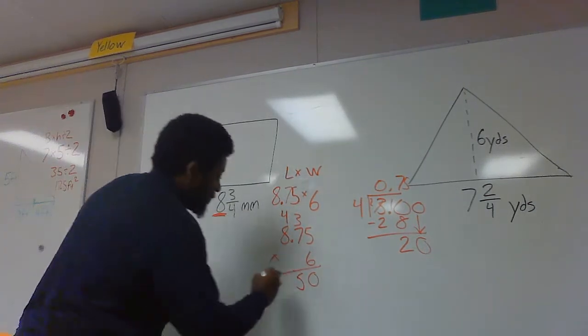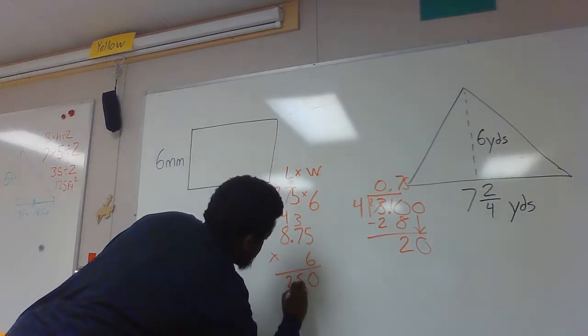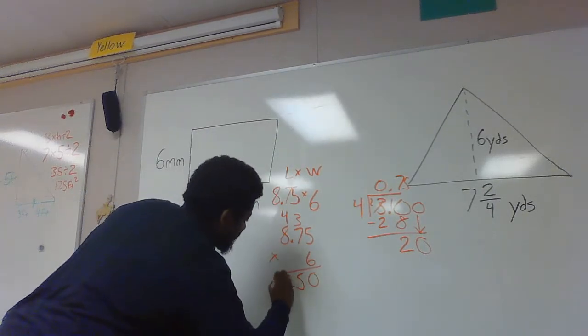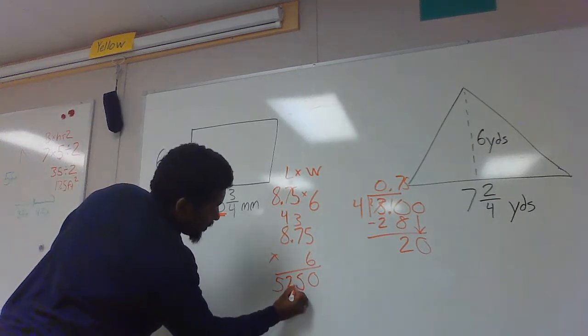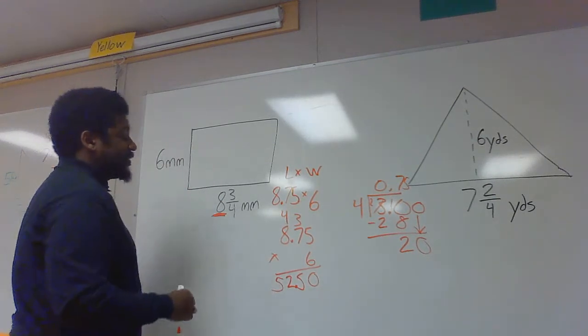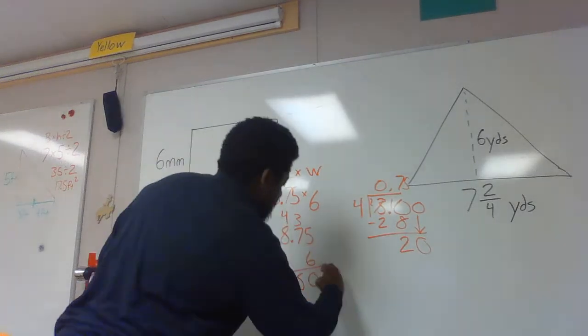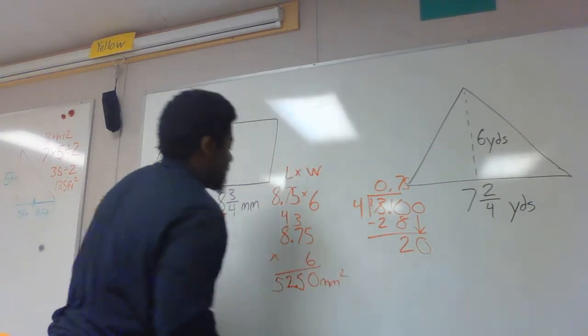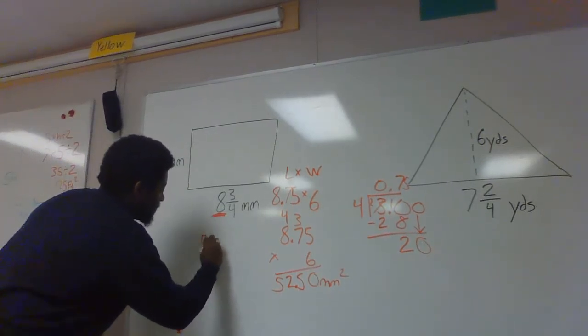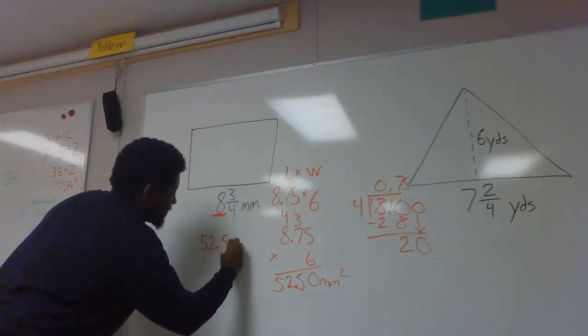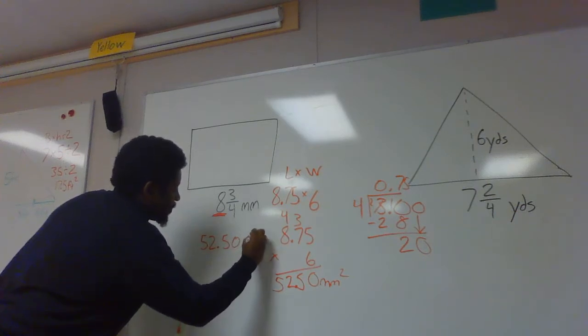Plus 4 is 52. Put it on top of 2 numbers behind the decimal. 52.50 millimeters squared.